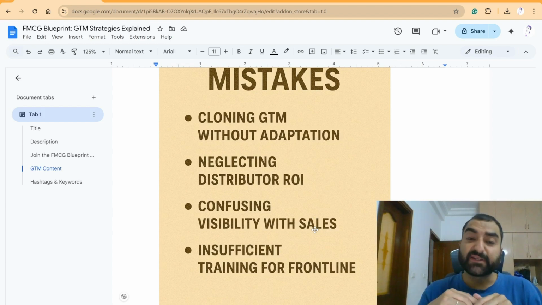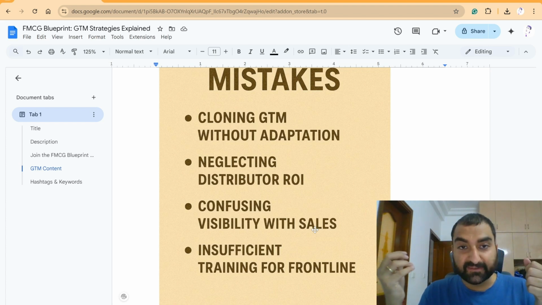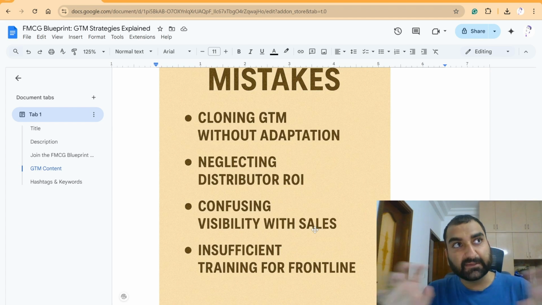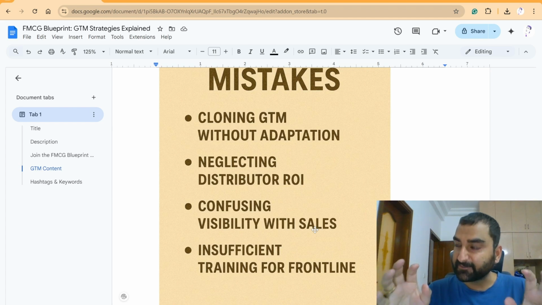The next and the most critical thing would be confusing visibility with sales. What happens is, you will go to an outlet visit, you will see most of your product range stacked there, but it might happen that they are not really selling. So the best thing to do is, when you go to any market visit, check the product ranges that are available there.